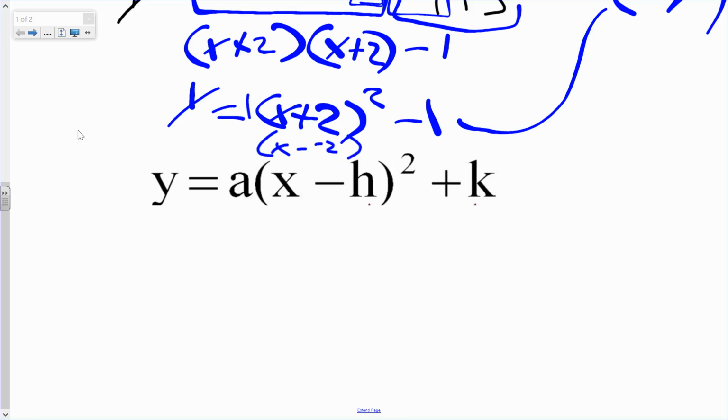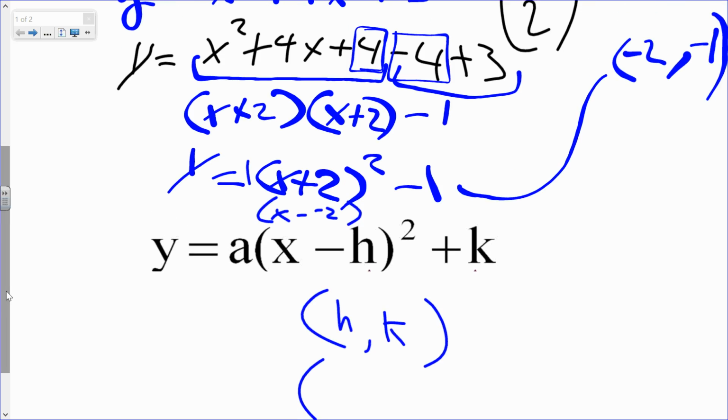So if we follow the formula, the structure of everything, we know that the vertex is hk, and h is right here. But it's after a subtraction sign. So we make the plus into a subtraction and make this a negative 2. So h, in this case, did you put that already? You did, yep. So notice h is negative 2.